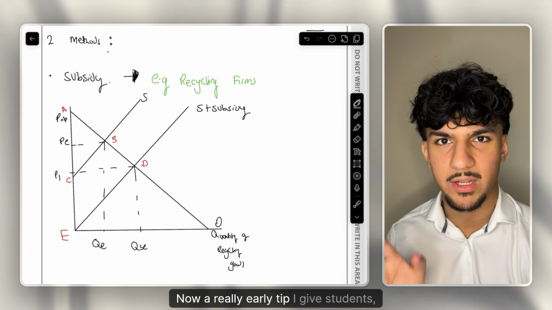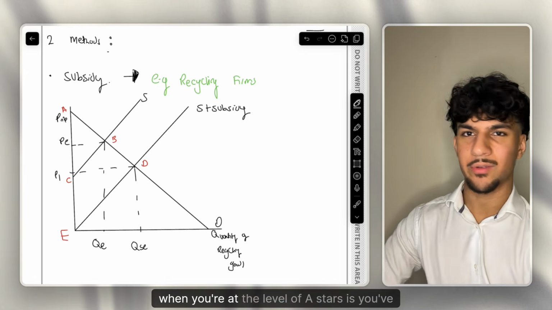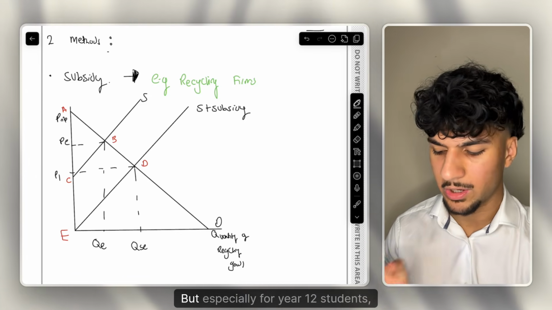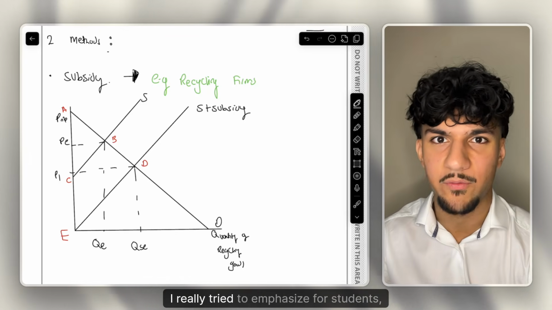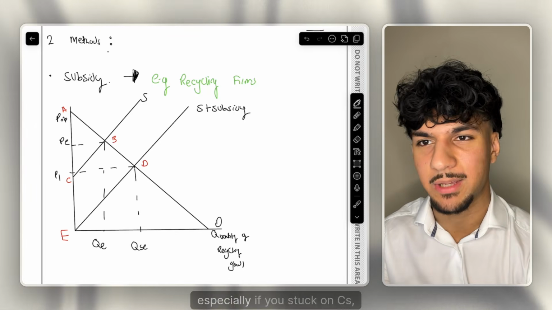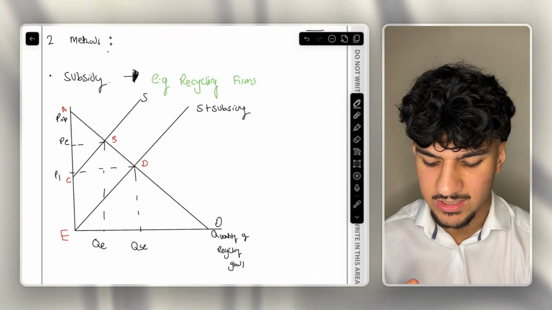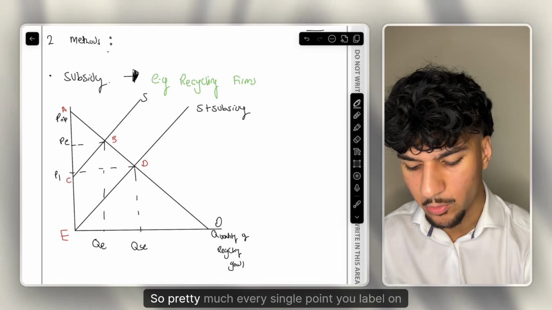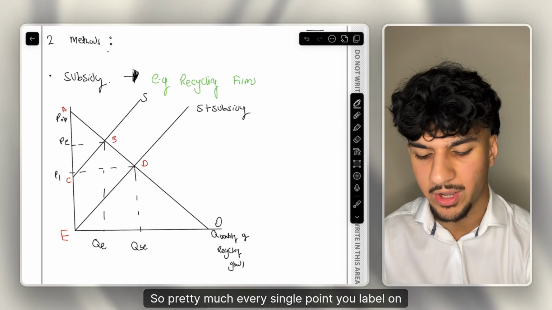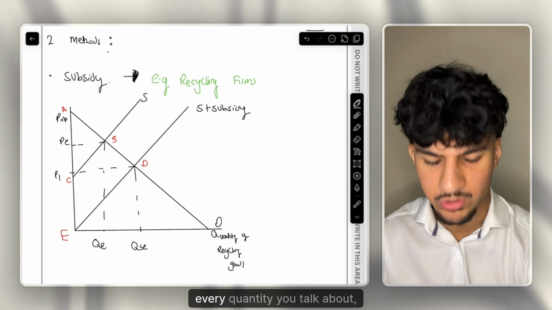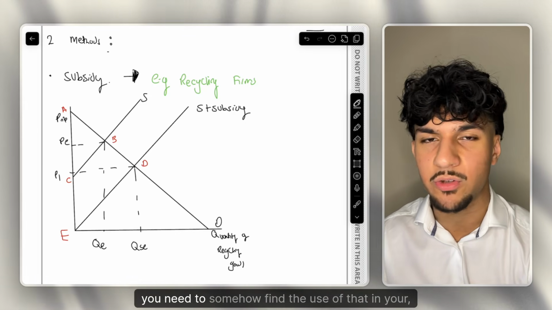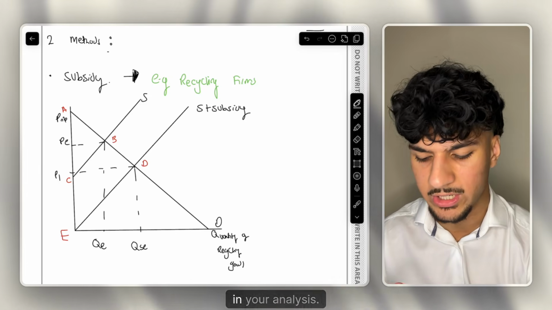Now, a really early tip I give to students, which of course, when you're at the level of A stars, you pretty much know how to do this perfectly. But especially for year 12 students, I really try to emphasize, and it's a classical mistake, especially if you're stuck on Cs and Bs, that students do not include their diagram enough in their question. So pretty much every single point you label on your diagram, every bit of welfare loss, every quantity you talk about on your diagram, you need to somehow find the use of that in your analysis.